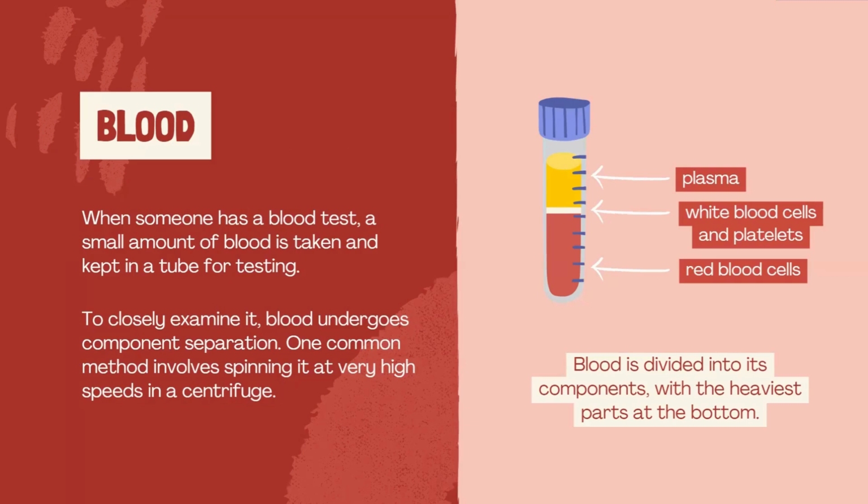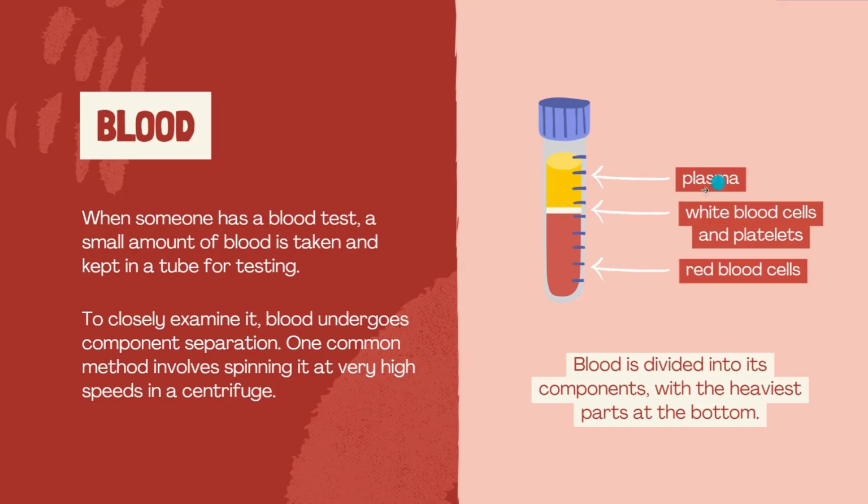Now, to closely examine blood, it undergoes component separation, meaning each component will settle at its own space. One common method involves spinning it at very high speeds in the centrifuge.